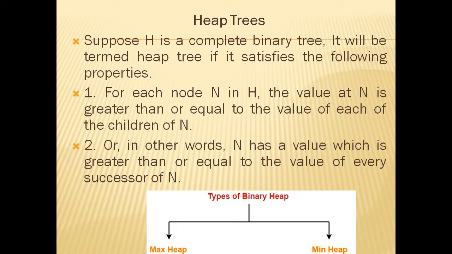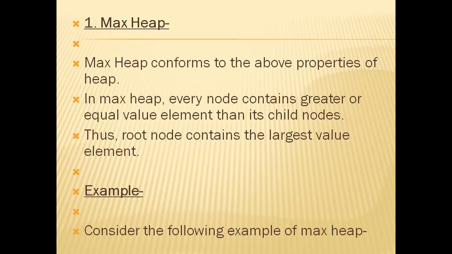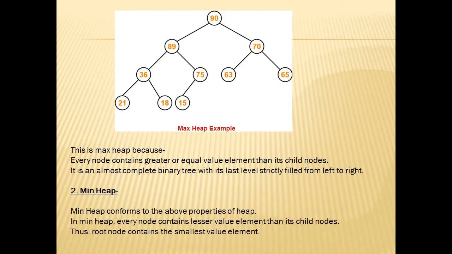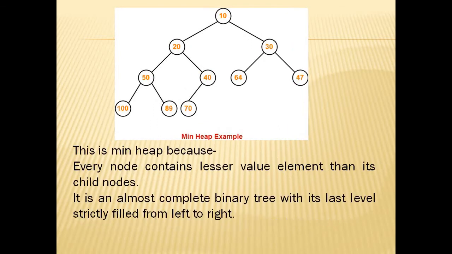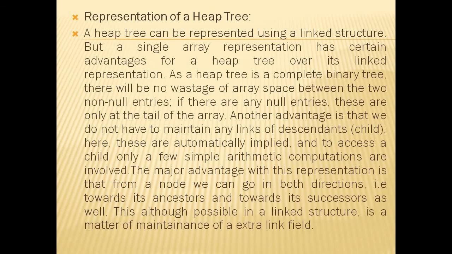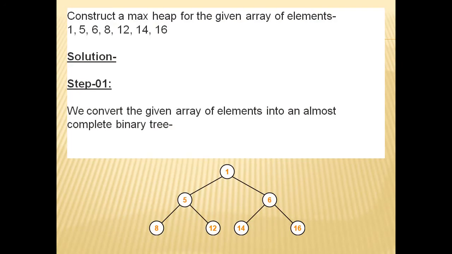If the root element is greater than its children, we call it a max heap. So in the previous class we discussed what is meant by min heap and max heap, and now we discuss how to construct a max heap for the given elements.